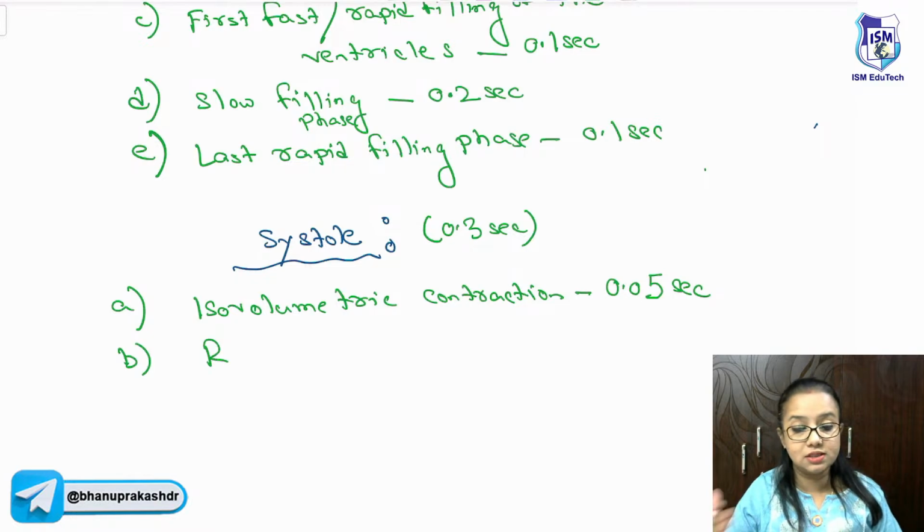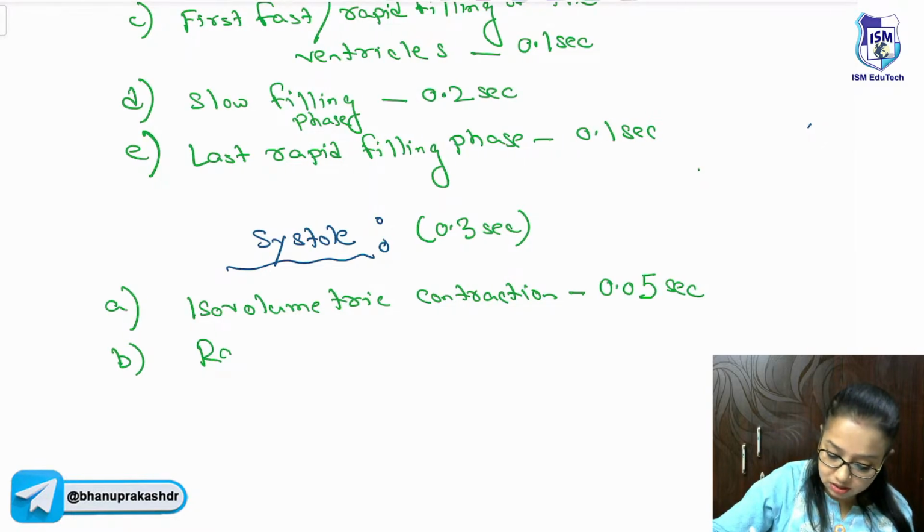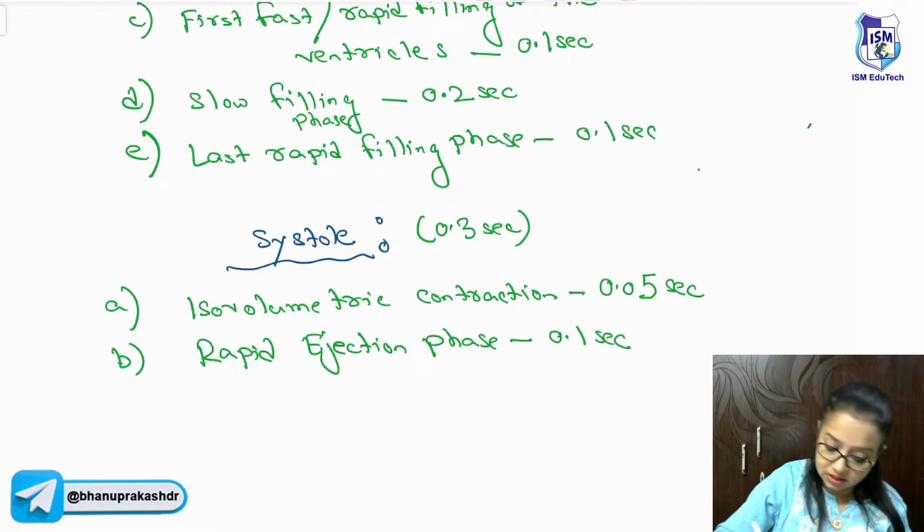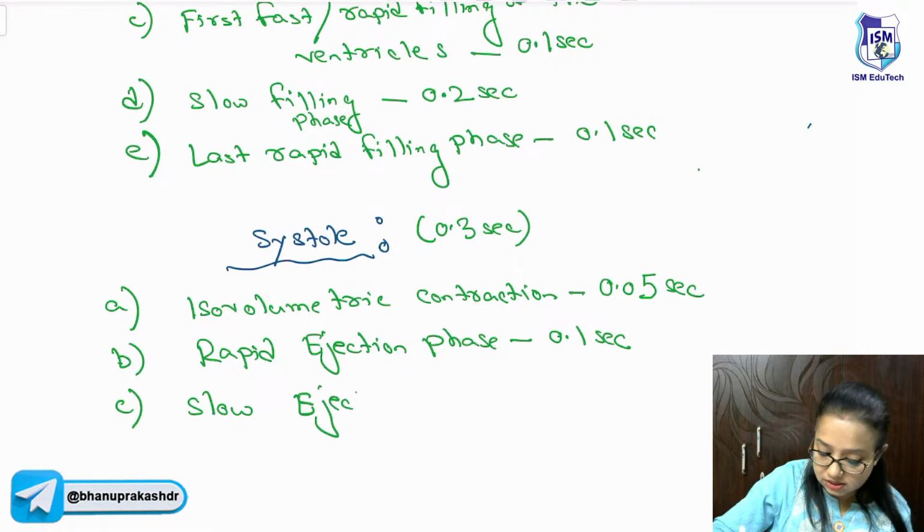Ejection also, just like the filling phase, is not done in one go. Then follows the rapid ejection phase. The rapid ejection phase is about 0.1 second. After the rapid ejection, the slow ejection phase.